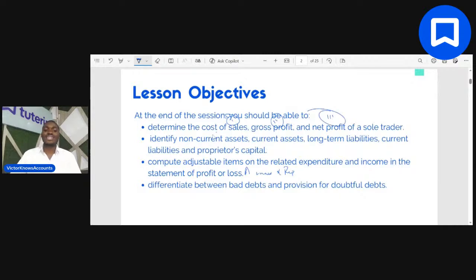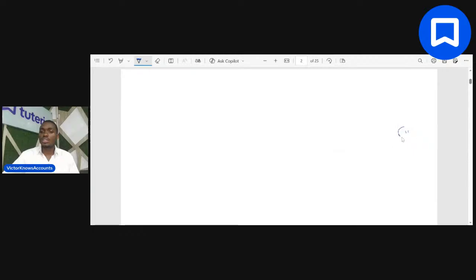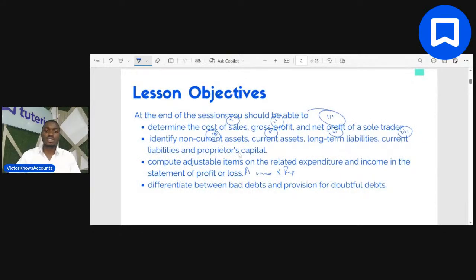We will be able to identify non-current assets, current assets, long-term liabilities, current liabilities, and proprietor's capital. And of course, if time permits us, then we'll be able to move into adjustable items on expenditure and income.